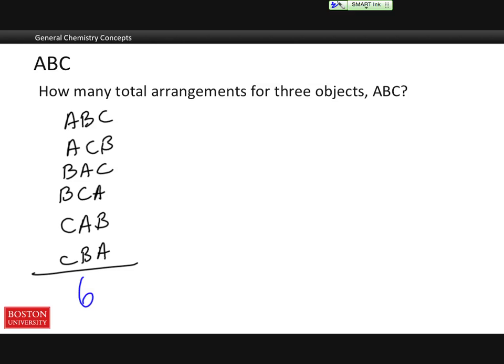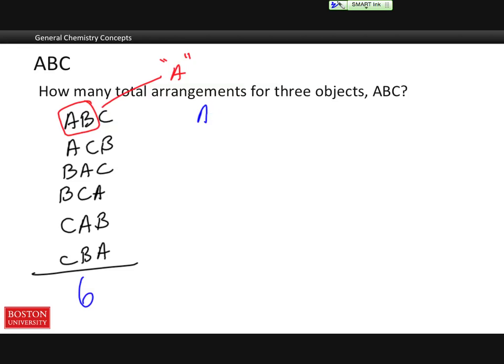Now what would happen if instead of all 3 of these being distinguishable, A and B were indistinguishable? Let's say A and B were actually not A and B at all, but rather were both A. So what would these arrangements look like? Again, you can pause the video now, come up with those arrangements, and then hit play.